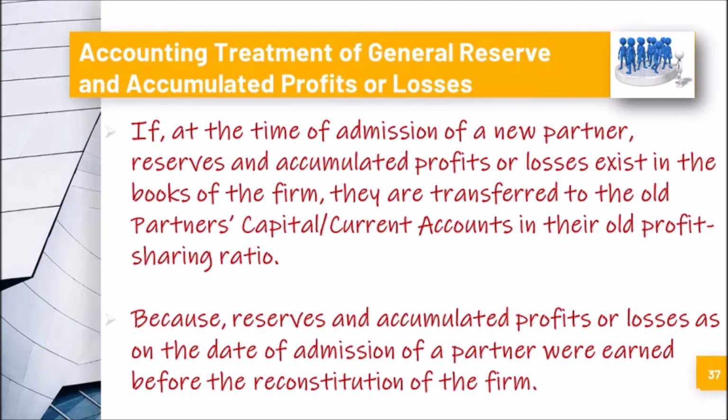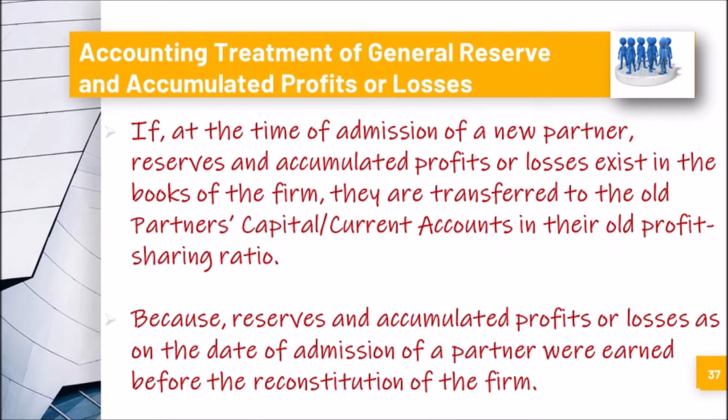So friends, as I told you, at the time of admission of a partner, the accounting treatment of general reserve and accumulated profits or losses is similar to what we studied at the time of change in profit sharing ratio among existing partners. The only difference is that there we were distributing everything among all the partners, but here everything will be distributed among only the old partners.